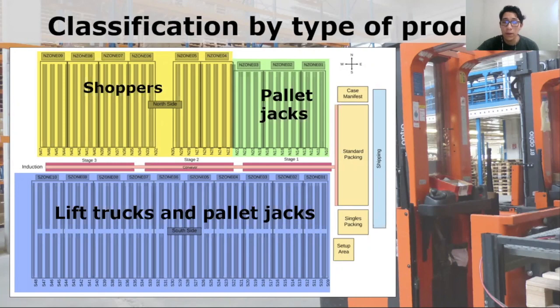And as the footwear takes the orders with the most quantity, that area will be covered by lift trucks and pallet jacks. And finally, the apparel items take the smallest quantity orders and have the least space, and only jacks or pallet jacks will be handling the smallest area.